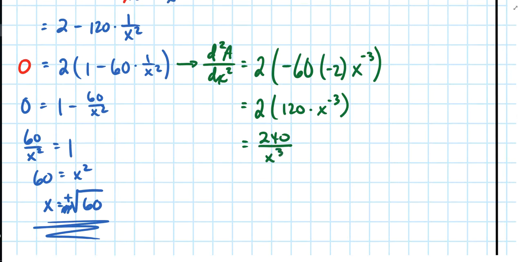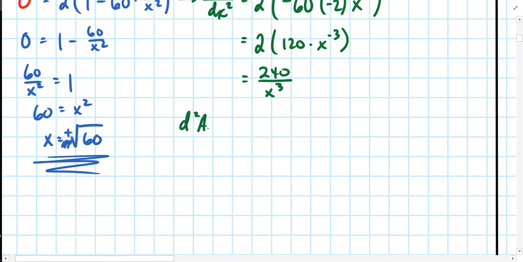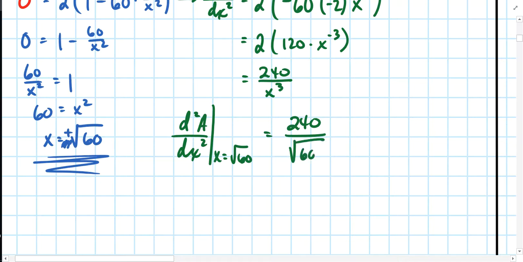And I don't need to perform a full second derivative test on this. What I would like to know is what happens when the second derivative is evaluated at an x value of the square root of 60. Well, that would be 240 divided by the square root of 60 cubed.